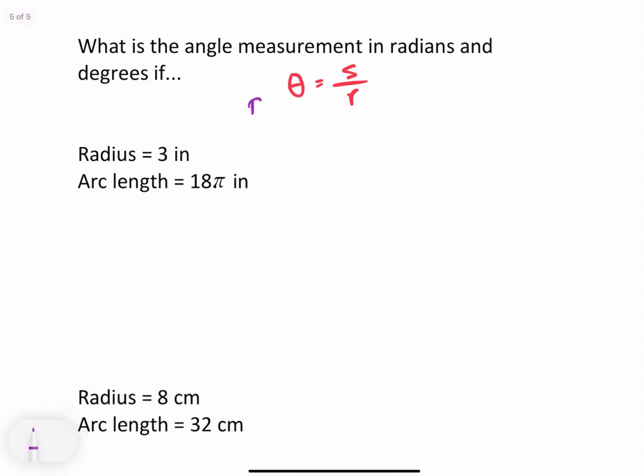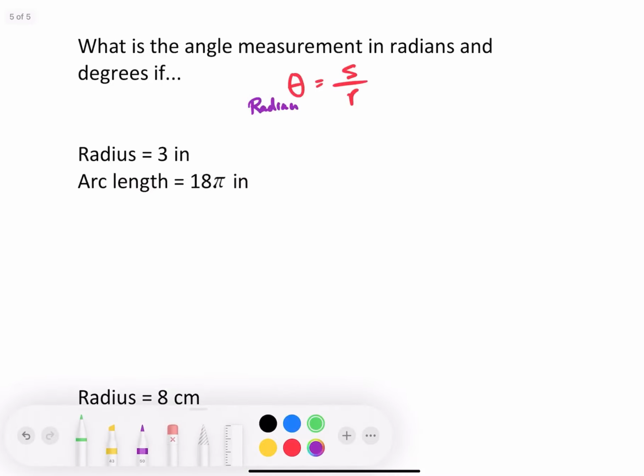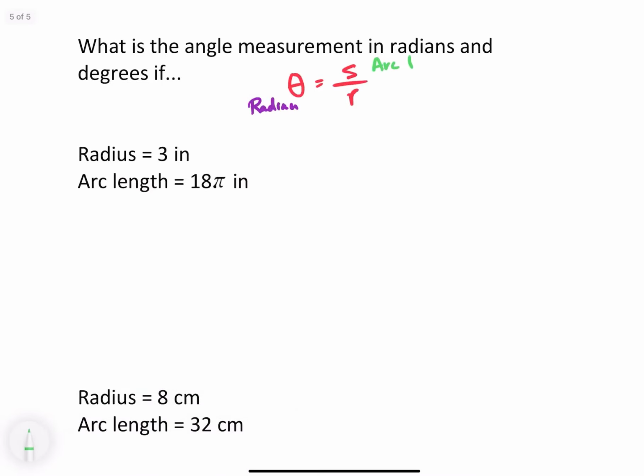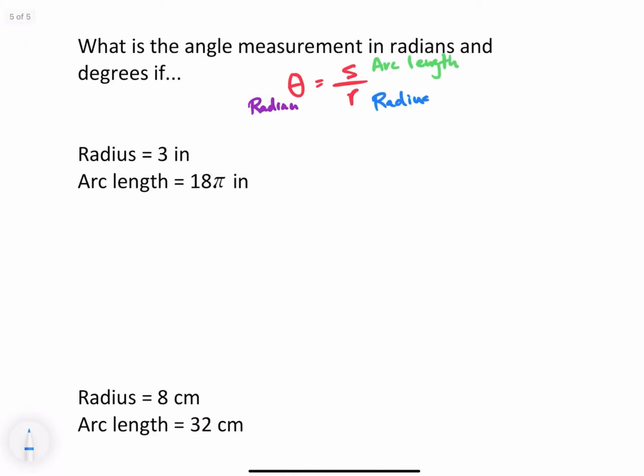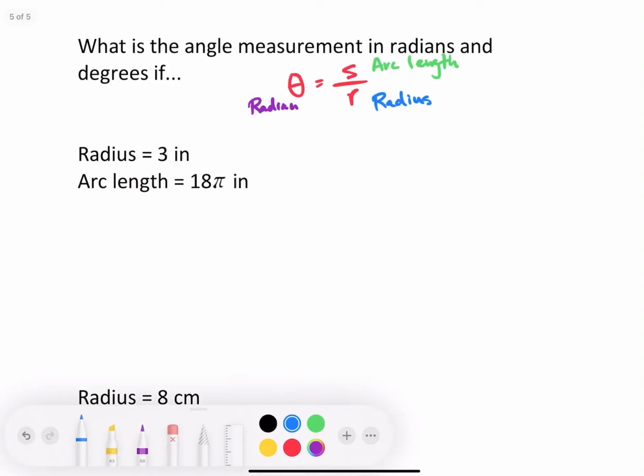So again, I'm going to write that out for you here. So we have our radian is equal to our arc length divided by the radius. Okay, so what we have here is we have the radius and the arc length, and now we can just go ahead and calculate the radian.